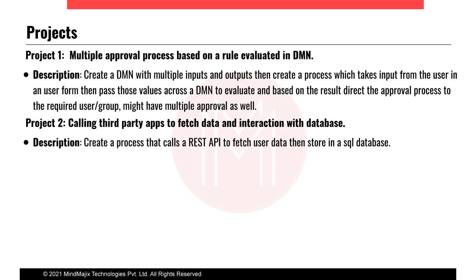If that approver approves, then you need to make an entry in the Camunda database, by adding a new table to it and adding that particular user data to your database. So these are the two projects that you will be doing after the training completion.